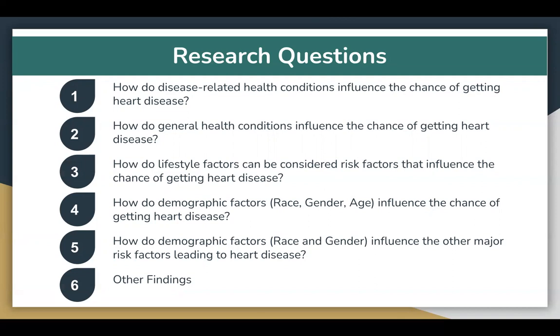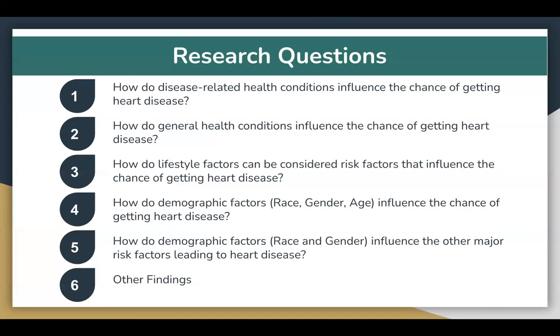The first is the disease-related health condition risk factors, which include stroke, diabetes, asthma, kidney disease, and skin cancer. The second is the general health condition risk factors, including the variables of BMI, difficulty walking, general health, physical health, and mental health.